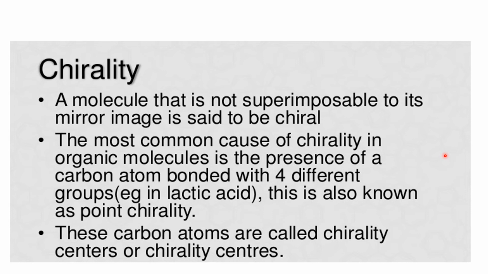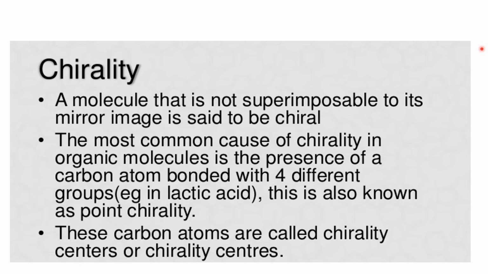So we have seen what is chirality and what are chiral molecules. And I told you a molecule that is not superimposable to its mirror image is said to be chiral. And for an organic molecule to be chiral, it should have a carbon atom with four different atoms or groups of atoms present in it. It is called a chiral center or stereogenic center or chirality center.